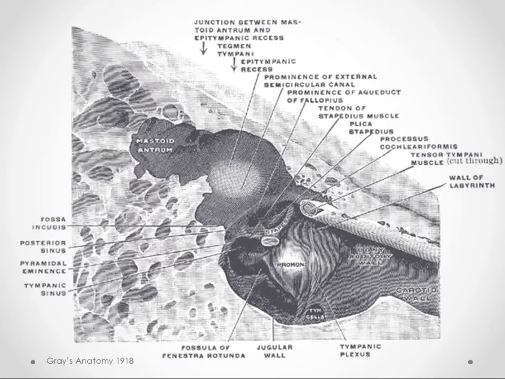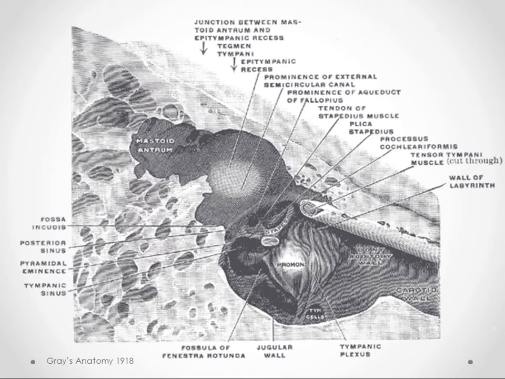But it also has an extension into the mastoid antrum, and the mastoid antrum is adjacent to all these mastoid air cells. And these mastoid air cells are said to serve the purpose of providing protection from trauma or absorbing sound.